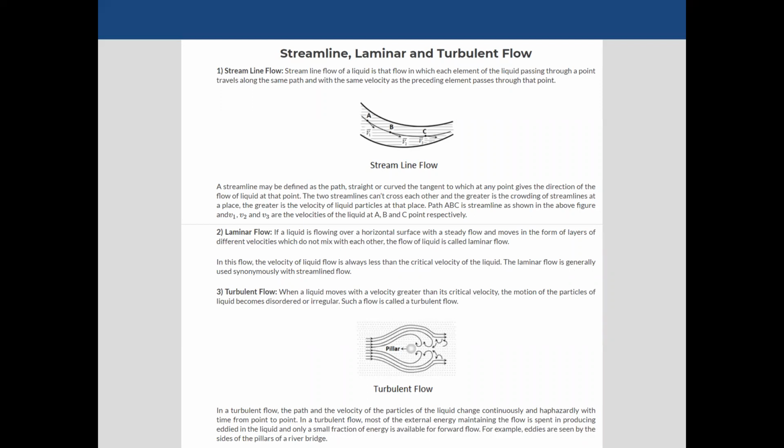In a laminar flow, the liquid is flowing over a horizontal surface with steady flow and moves in the form of layers of different velocities which do not mix with each other. The flow of the liquid is then called laminar flow. Think of liquid flowing on a table, a flat surface.